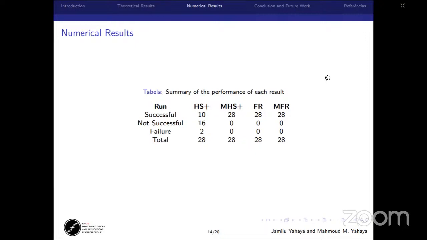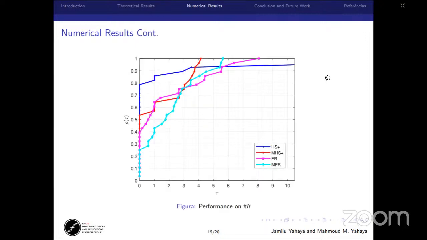As such, we have it as you can see here. And if it is reported as a failure, then it means that it was not able to solve any of the test problems used. So this is in brief what this data, as you can see in the table, is all about.